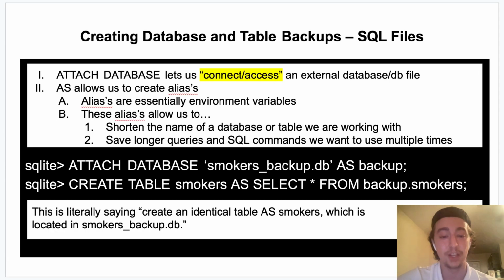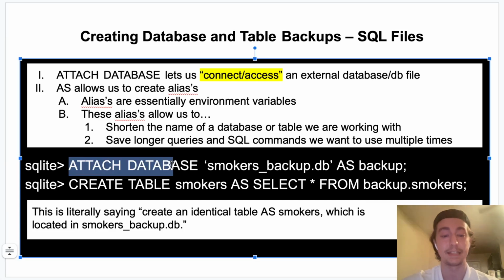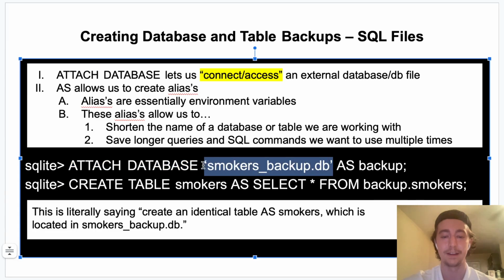Now, what we can do is use our other backup database, the binary is what we're using, not the SQL file. We can use that to move that database back into our working database, which is the normal smokers database. And to do that, we first have to attach this backup database, running attach database, followed by the name of the backup database that we're attaching right here.